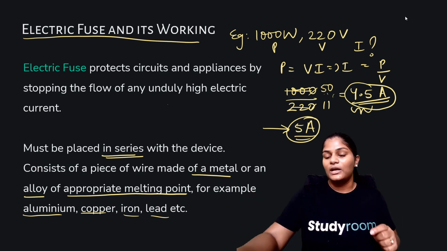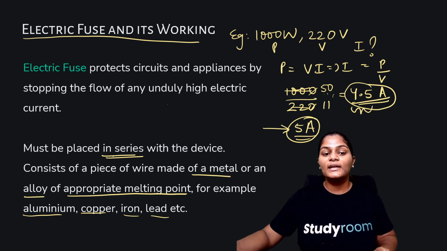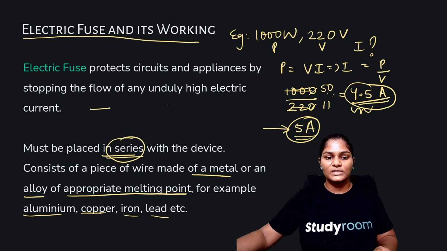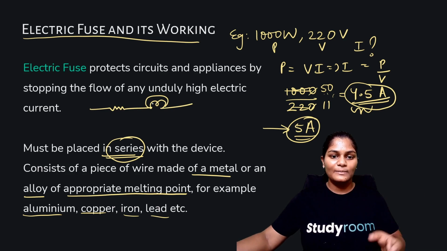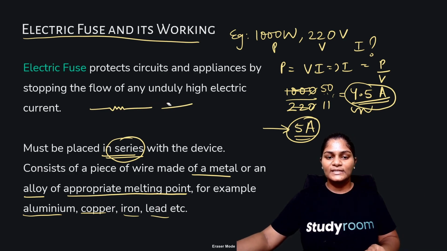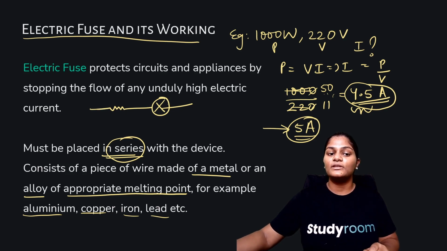And what will happen? What is given here? It says that the fuse must be connected in series with the device. So say this is the fuse, right? And this is your electric heater or iron or anything. I'm just representing it with the bulb sign. This can be anything. Let's represent it as an X. So this is your device and it is connected in series.